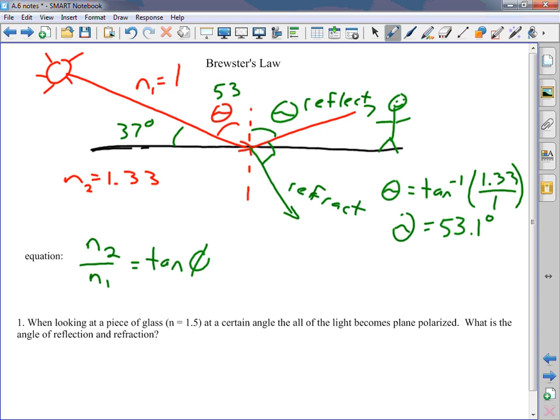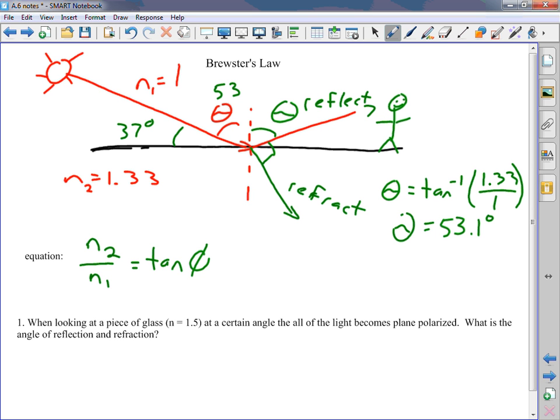If you start thinking about the sun, how much time it spends directly overhead versus setting, and then going through all the atmosphere and everything else, 37 degrees is relatively low on the horizon. The 53 is the Brewster's angle.